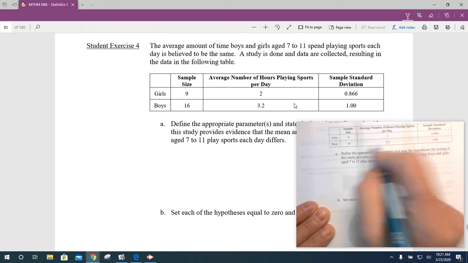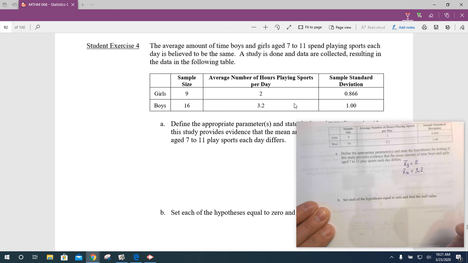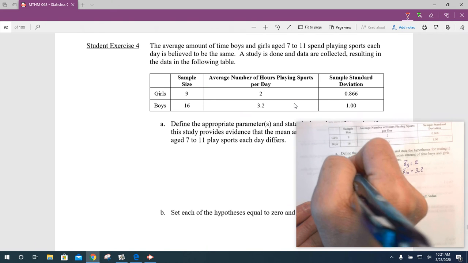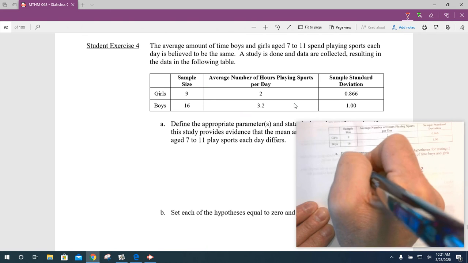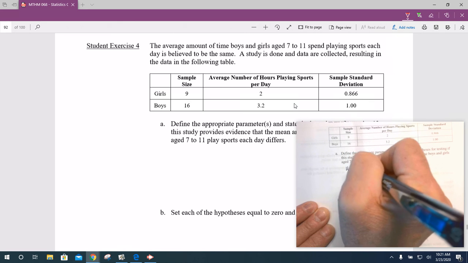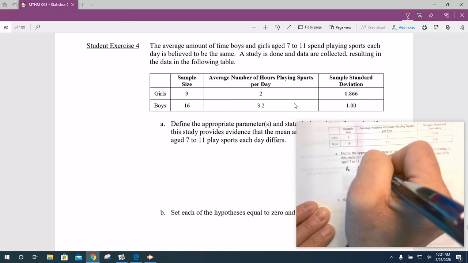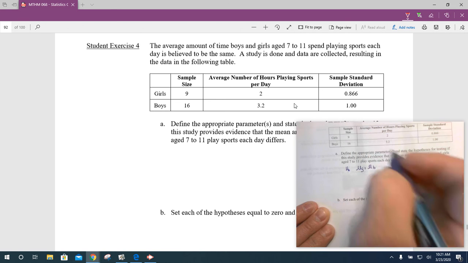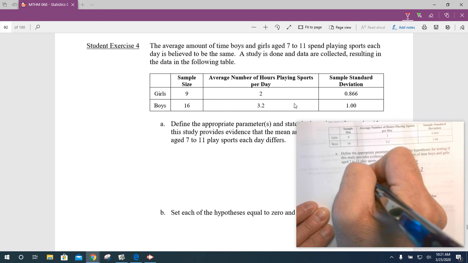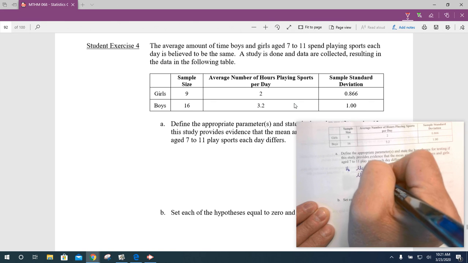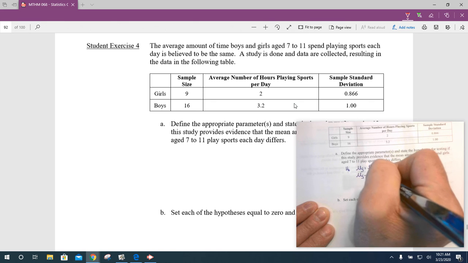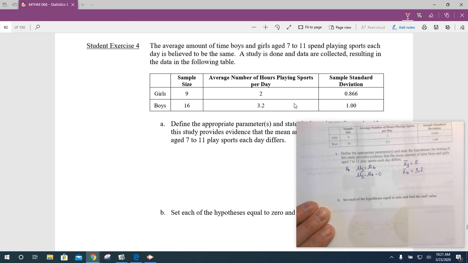I don't want to divide that because I don't want a proportion. I want a mean value. Well, remember what H sub O would be here. H sub O would be that, and remember we use the mu value of girls is equal to the mu value of boys, which is the same thing as saying that the mu value of girls minus the mu value of boys will be 0.